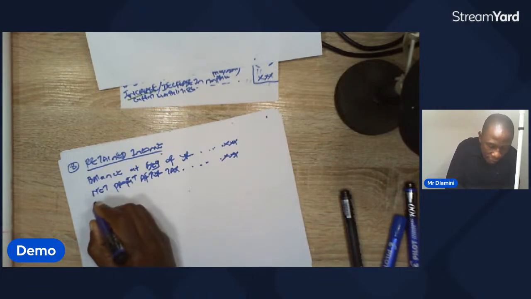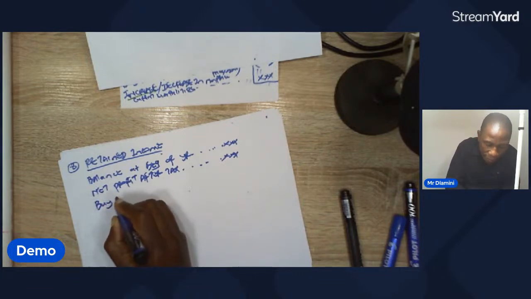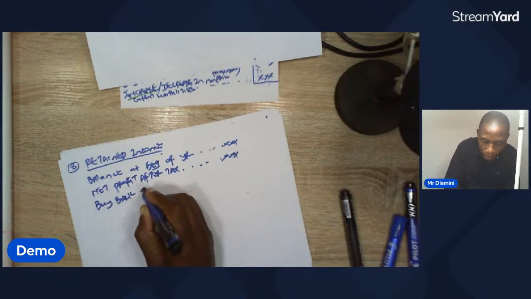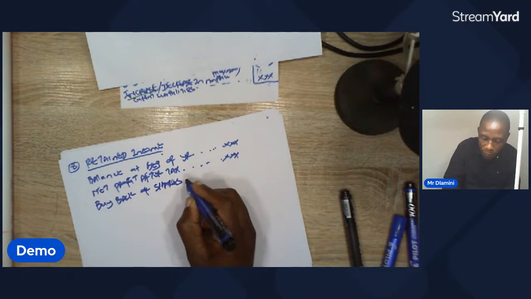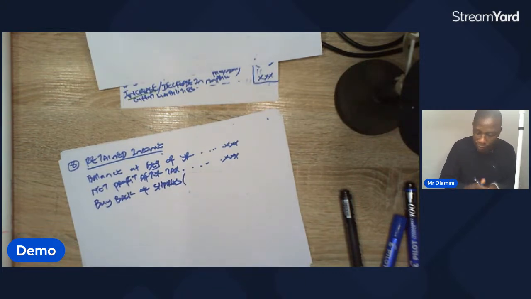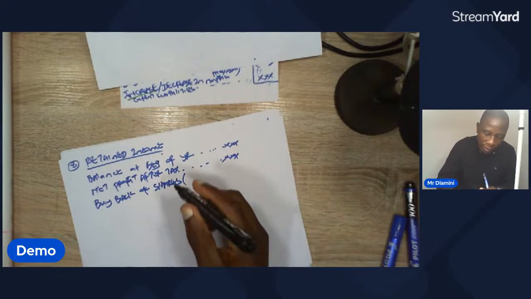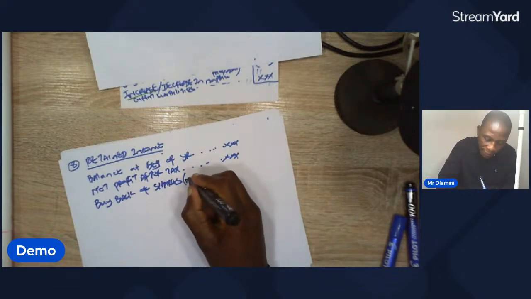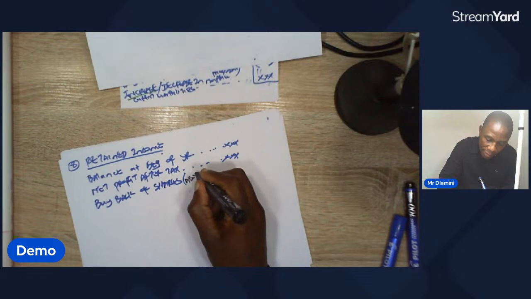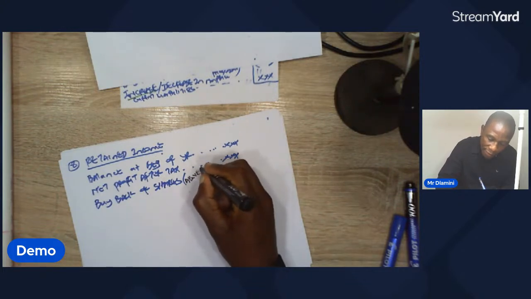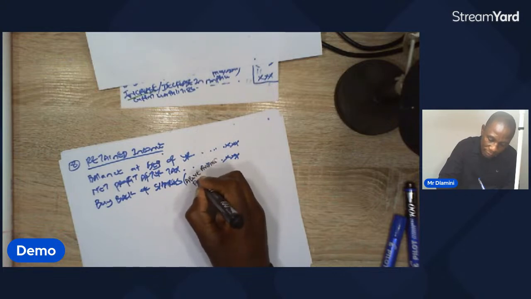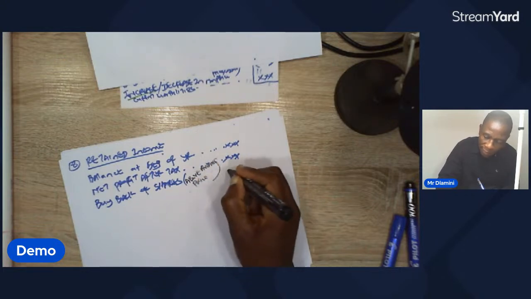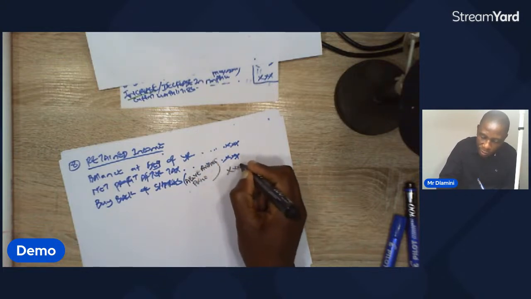And then buyback of shares. Here we have to multiply by the above average price.